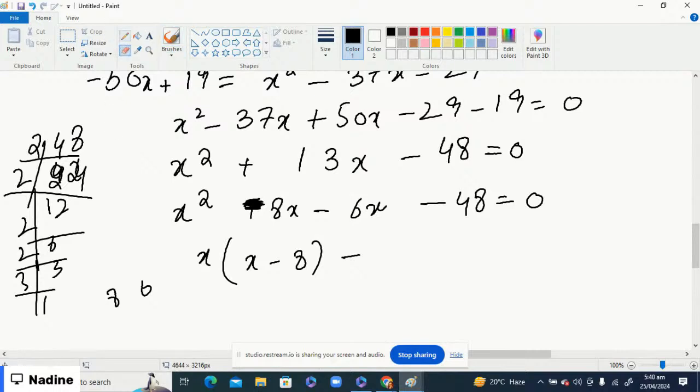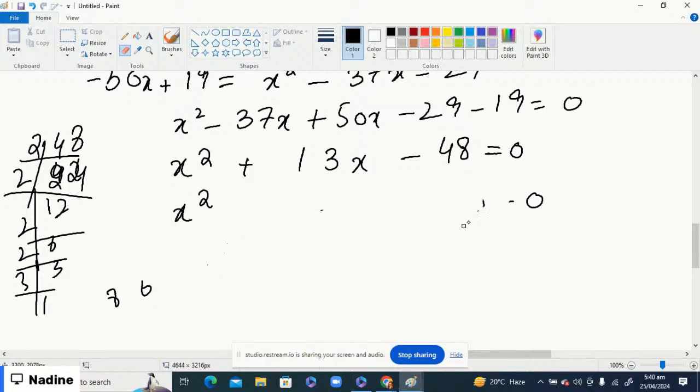No, it's wrong. Here the mistake is with the signs. Okay, let's make the factors for that, and then we find the values.